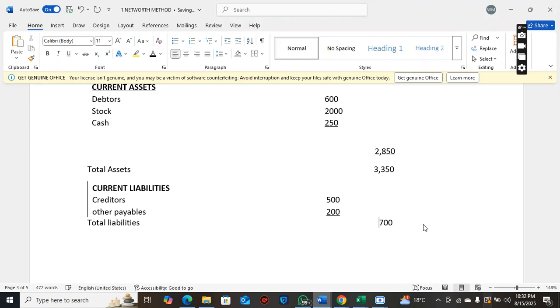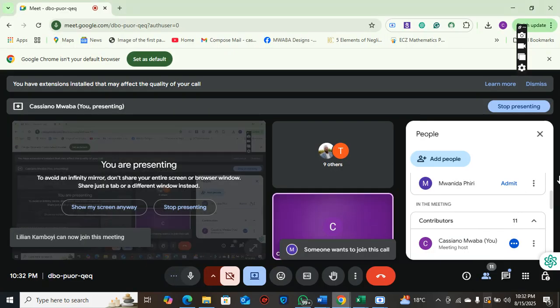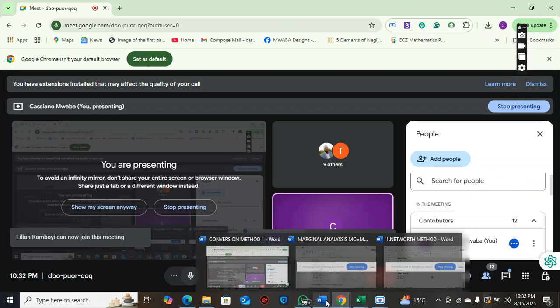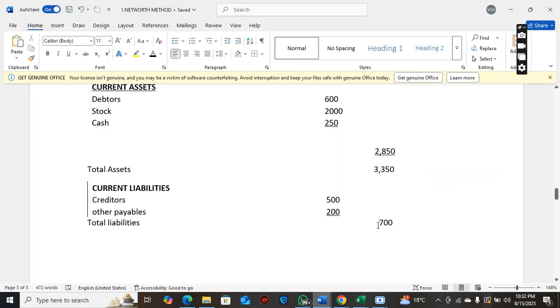So our opening capital is assets minus liabilities. So 3350 minus 700, that is 2650.